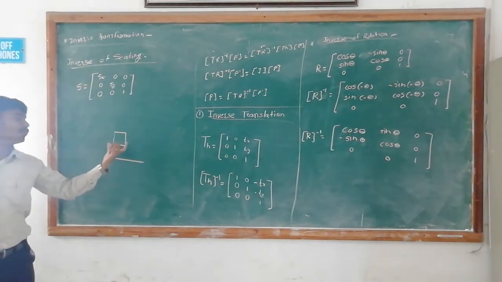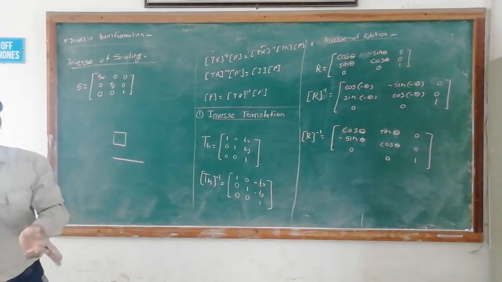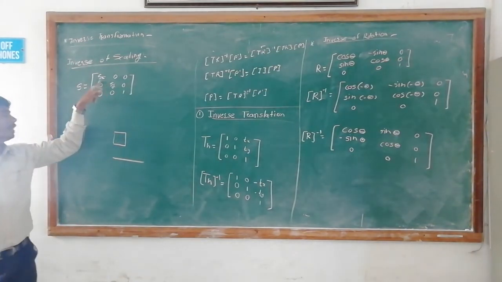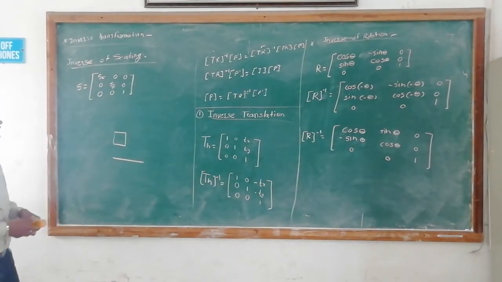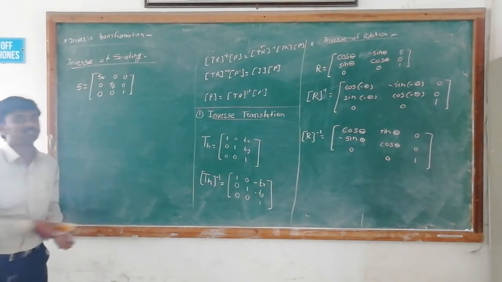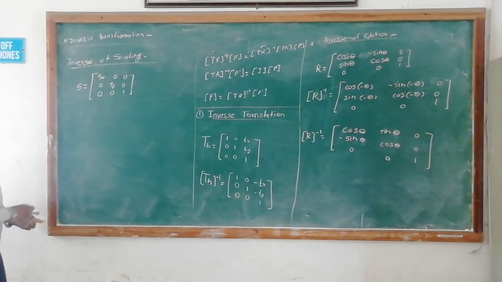Suppose I want to reduce this object to its half size in x direction, so the value of Sx is equal to 1 by 2. So Sx is how many times we want to increase the object in x direction.